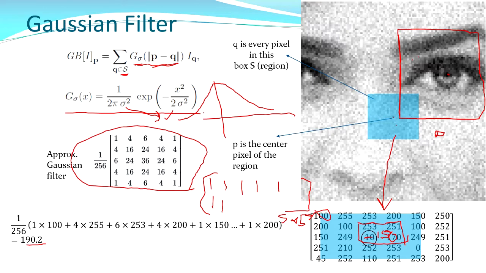If the variance is very low, it will be something like this. In this case, there will be very little weightage to the outer pixels and much more weightage to the pixels surrounding the center pixel. And if the variance is high, it will be something like the outer curve, and then these will also have some weights. So that is about the Gaussian filter.